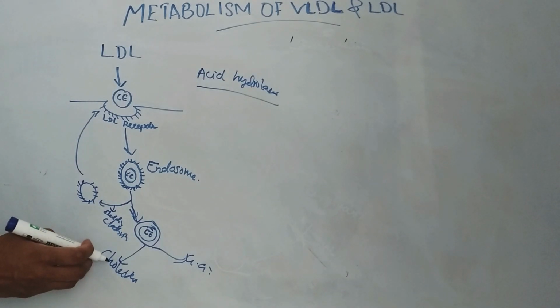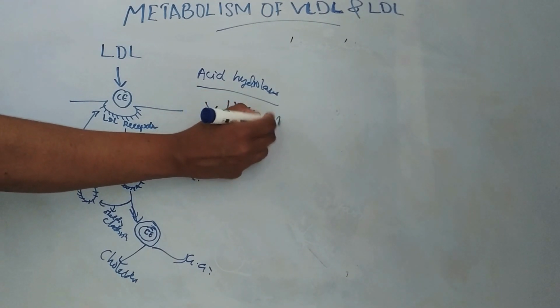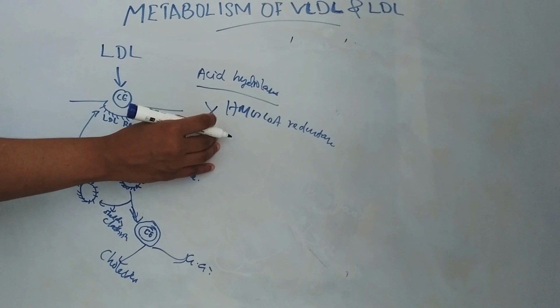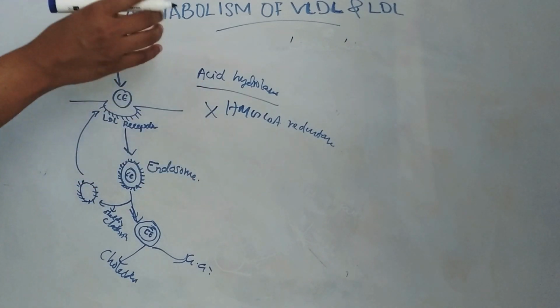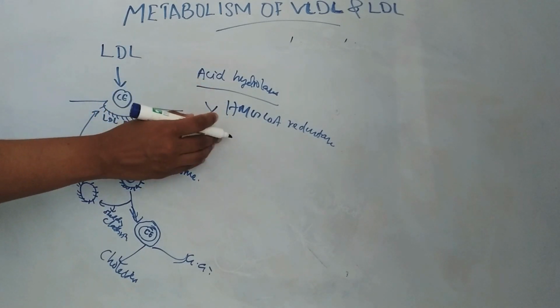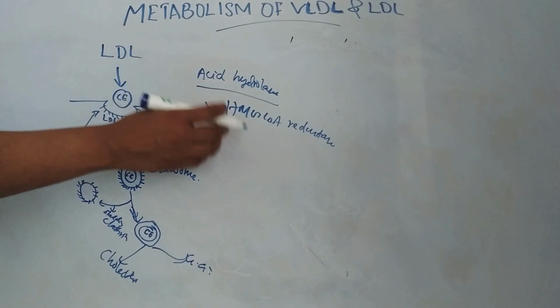This influx of cholesterol inhibits the HMG-CoA reductase enzyme, which is the rate limiting enzyme in cholesterol synthesis. So the influx of cholesterol suppresses cholesterol synthesis and uptake.